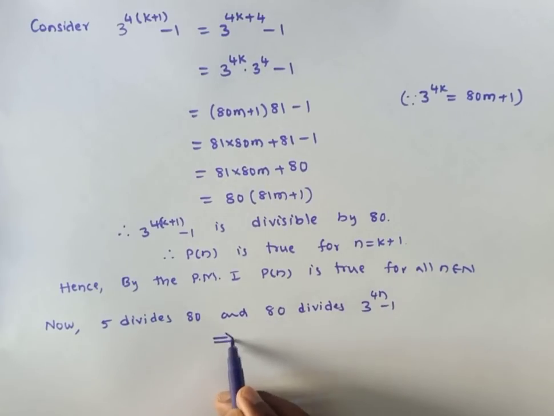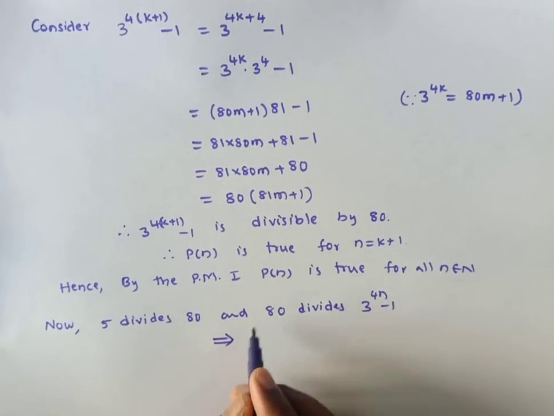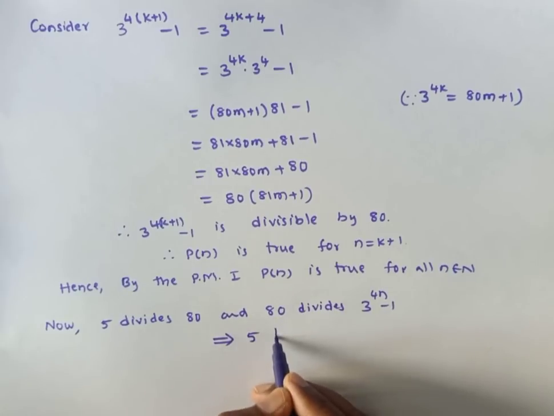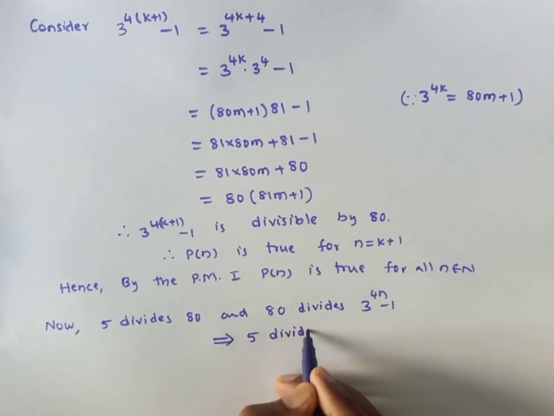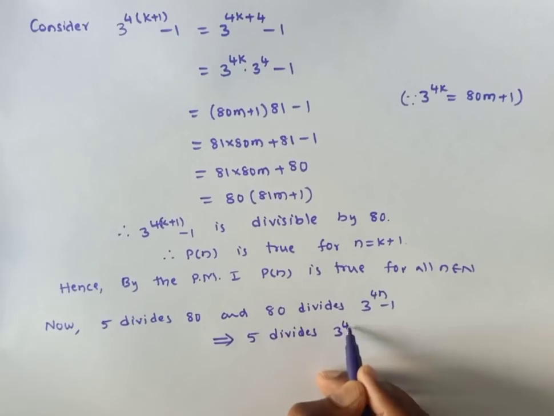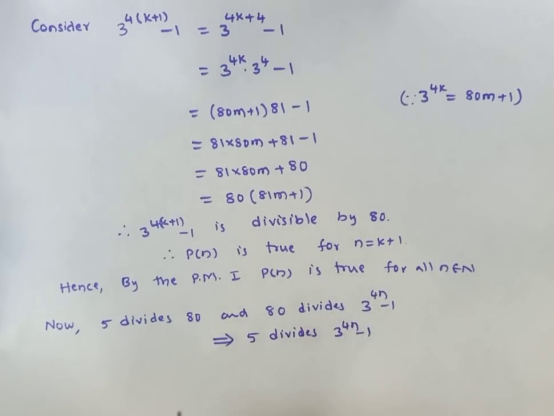This implies 5 divides 3 power 4n minus 1. 5 divides 80 and 80 divides this one.